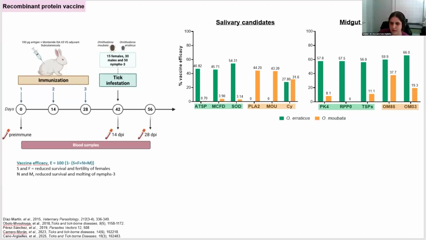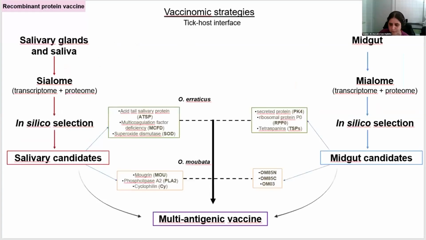So, based on this result, we have conducted another strategy combining salivary candidates and midgut candidates from each species, in the form of a multigenic antigenic vaccine.